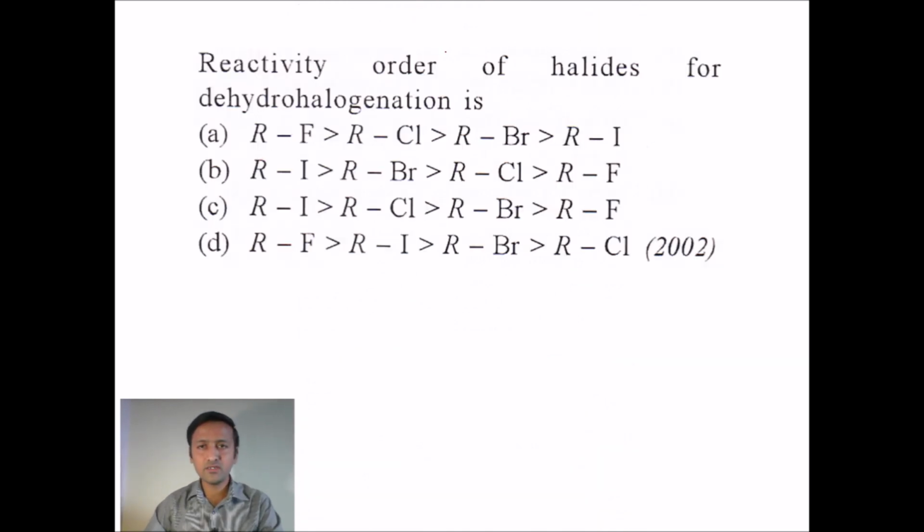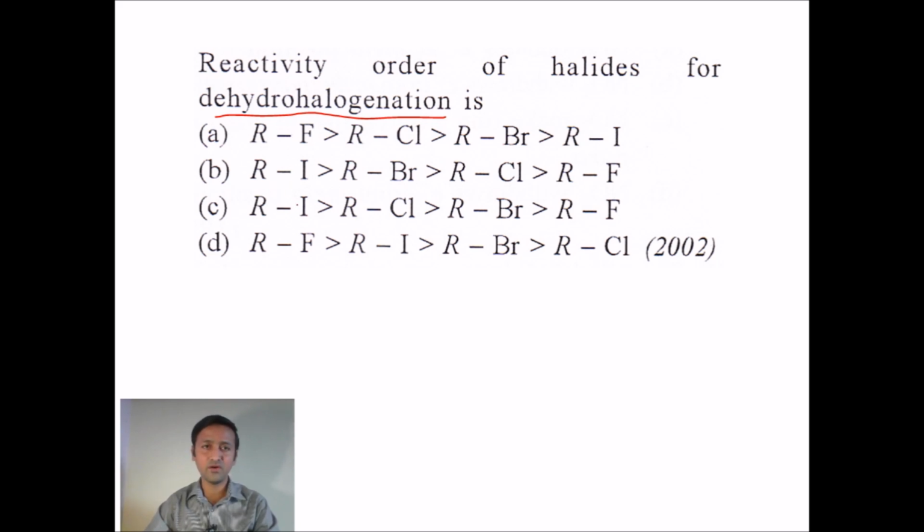The reactivity order of halides for the dehydrohalogenation reaction. Dehydrohalogenation we can take generally as an elimination or beta elimination reaction. In dehydrohalogenation or elimination reaction, we break the carbon-halogen bond, right? So the reactivity of any alkyl halide towards dehydrohalogenation depends on the strength of the carbon-halogen bond.